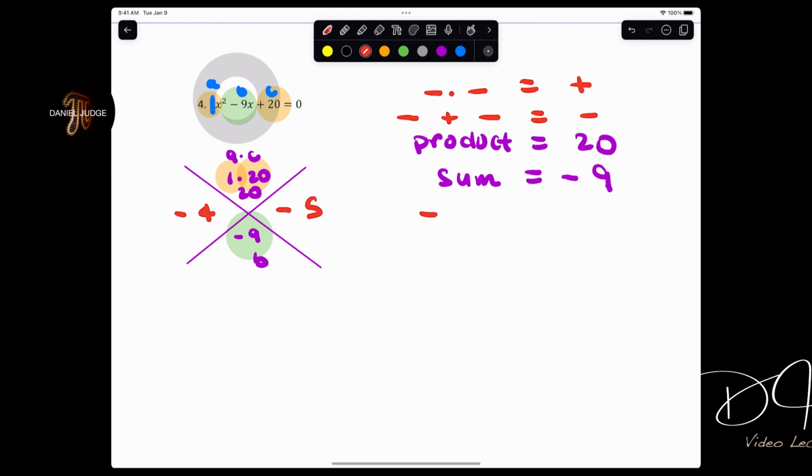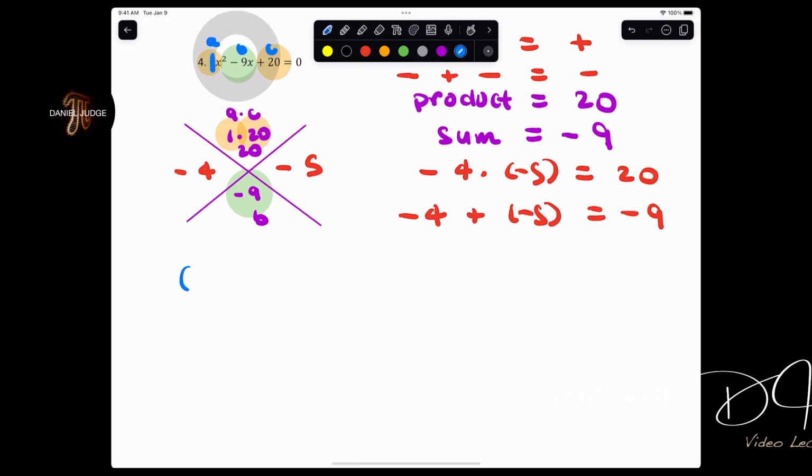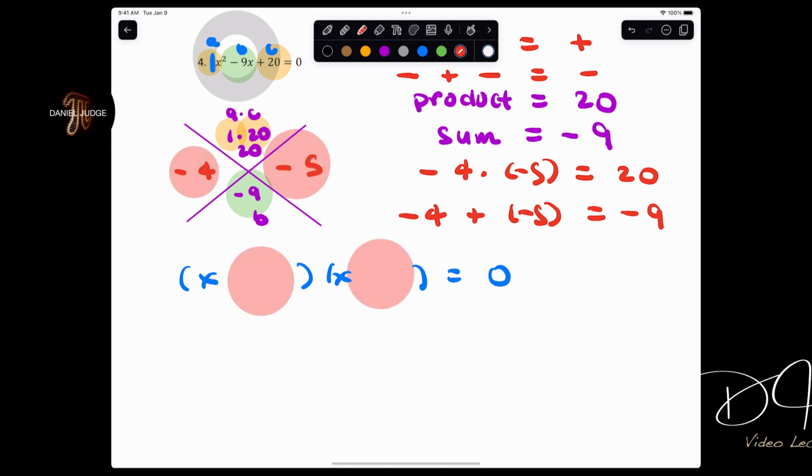Let's double check. -4 times -5 is +20, and -4 plus -5 will be negative what? 9. And ladies and gentlemen, here are the two numbers. And they go right here.